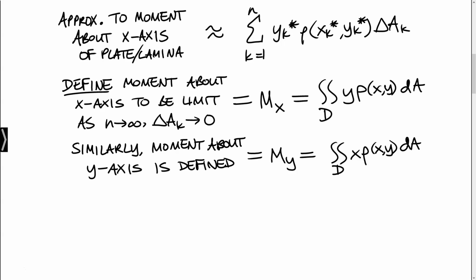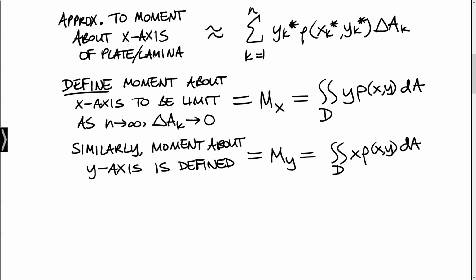So we want the average of the x coordinates, but weighted by the mass. If there's more mass in one place, that's going to count for more. And so we're going to end up dividing by the total mass in the same way that we would divide by the total area if we were just computing an ordinary average value.